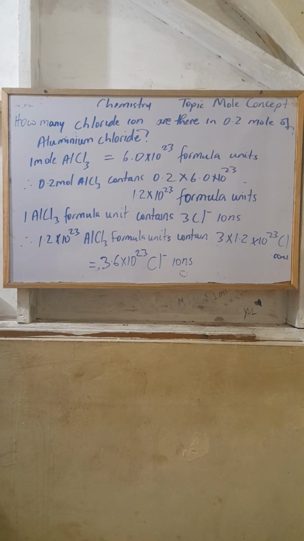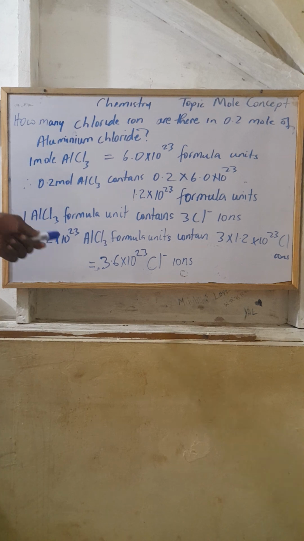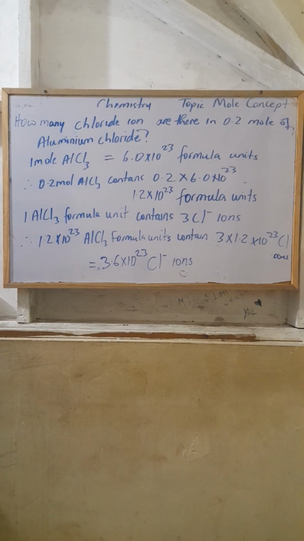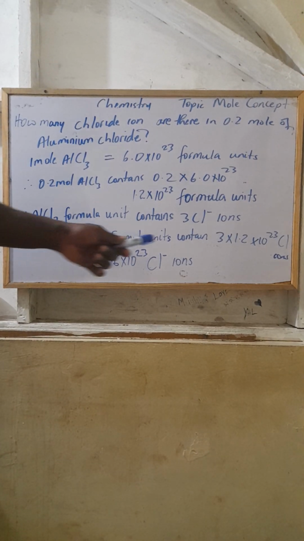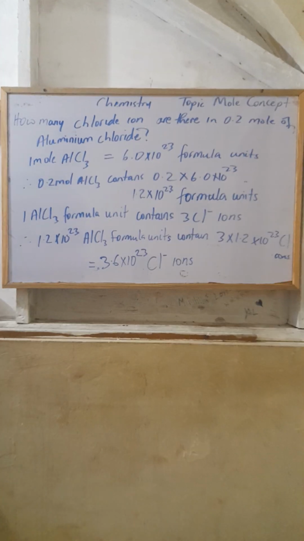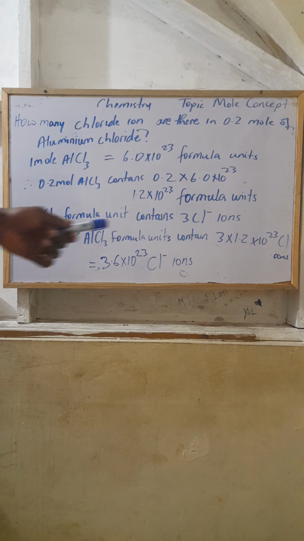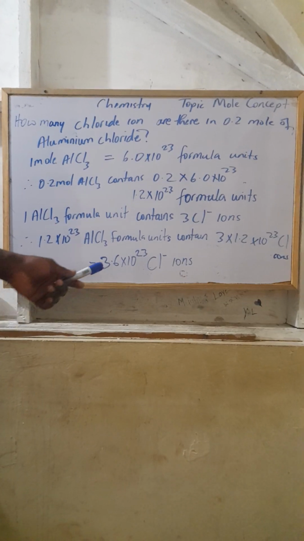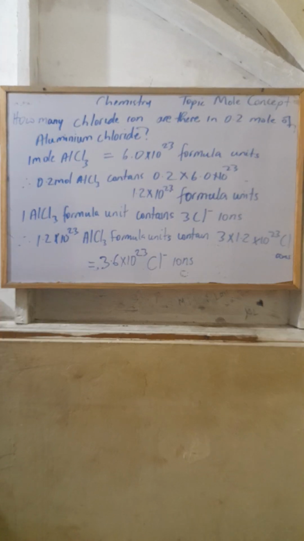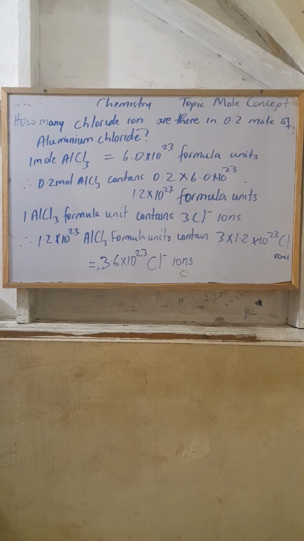Therefore, within that 1.2 times 10 to the 23 aluminum chloride formula unit, we want to know how many chloride ions are there. And since there are 3 chloride ions per formula unit, we multiply that 1.2 times 10 to the 23, which we have calculated here, by 3. 3 times 1.2 times 10 to the 23 is equal to 3.6 times 10 to the 23 chloride ion.